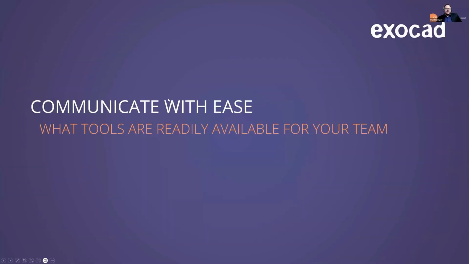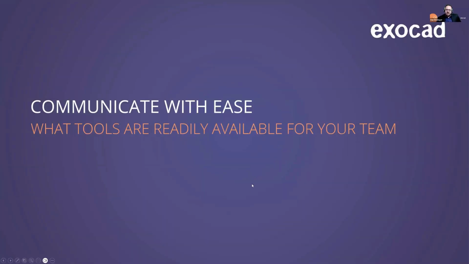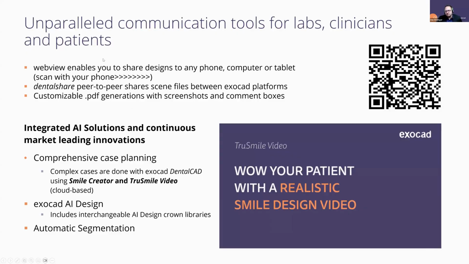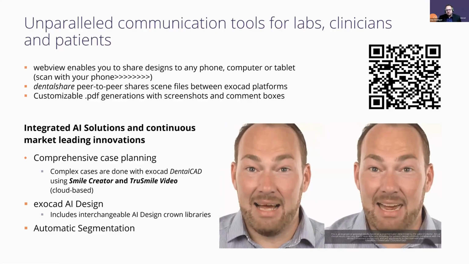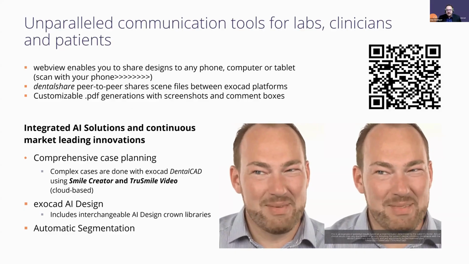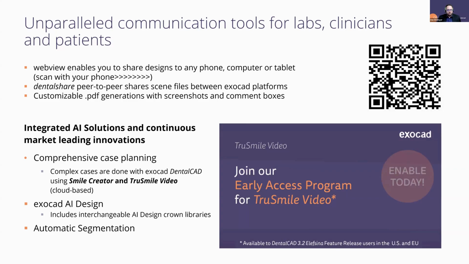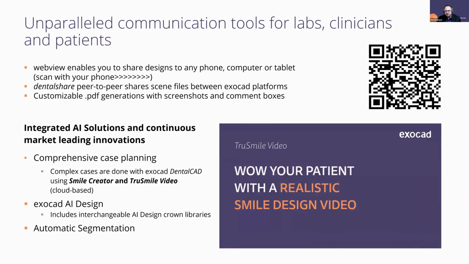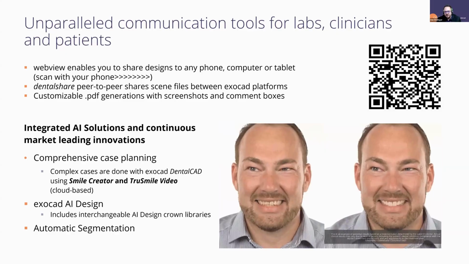Communication with our software, a lot of tools available for this. A lot of times your customers are going to want design approval. When it comes to the multiple options you have, first bullet point there, web view. This is going to enable you to turn on any object on screen that you want to share with your customer, and you can generate a web view link.